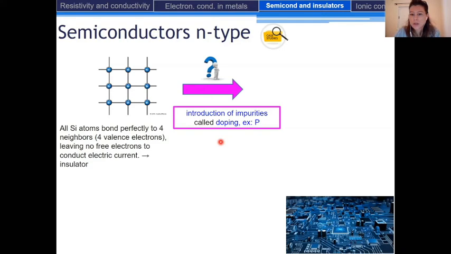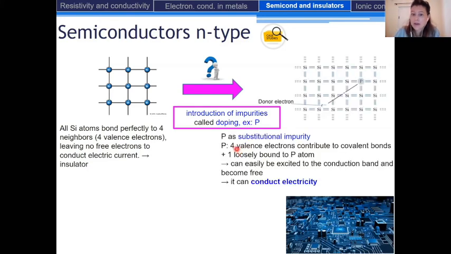For example, phosphorus is an adequate impurity, but we can also use other elements that, like phosphorus, possess 5 valence electrons. So let's take the case of phosphorus. Phosphorus becomes a substitutional impurity. That means that it will take the place of a silicon atom in the lattice.